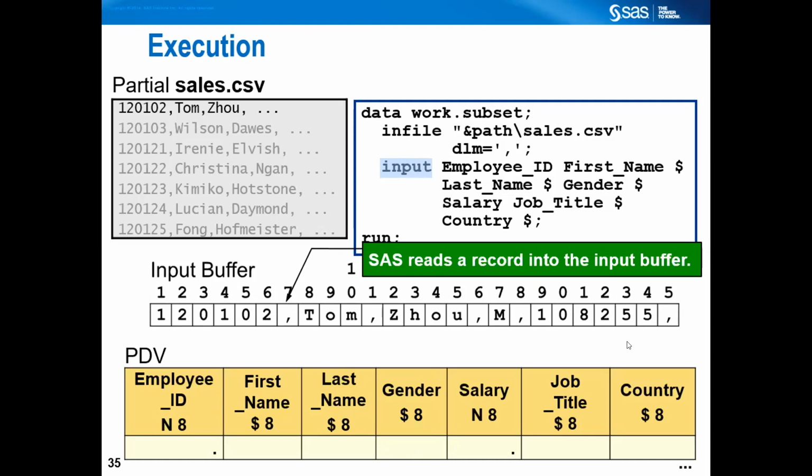Hence, to hold this record, we need an area in the memory, and that area is termed as input buffer. The word buffer is what? In chemistry, we know that buffer balances your chemical, whatever we are using. Same thing, it's a buffer which is converting from a record to SAS data set observations. Understood?